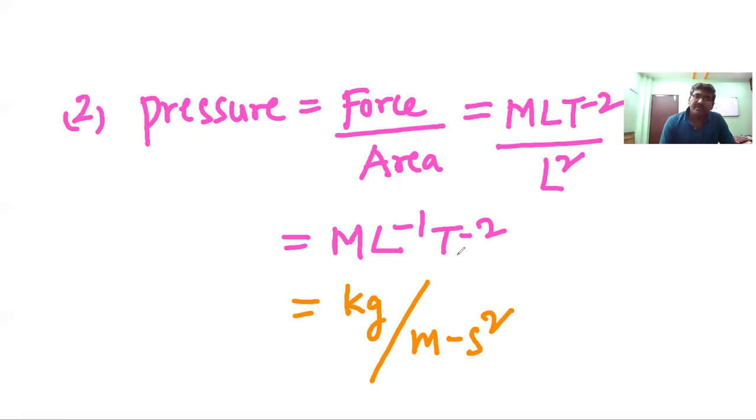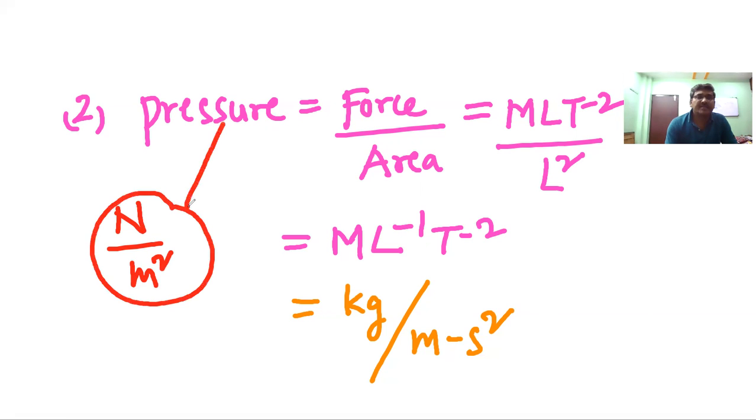And you can also mention this pressure in other units. Generally, we are expressing force as Newton, and area, meter square. L square is meter square. So pressure can also be expressed as Newton per meter square. And 1 Newton per meter square can also be called 1 Pascal.